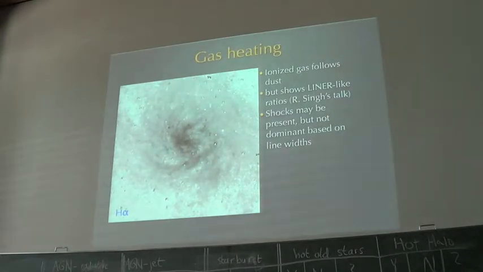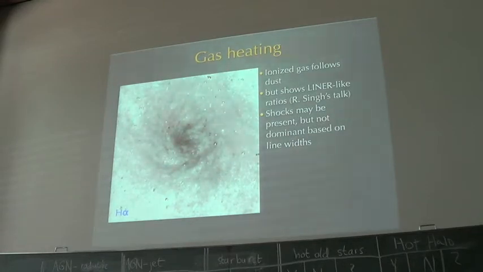So we come to the point. We have gas in these objects, but we don't have star formation. So we need to keep the gas warm. Now, the ionized gas does follow the same structure as the dust. Right? We see the same sort of spiral structure. It's not exact, and from what we can see, it lies on the outskirts of the dust emission.